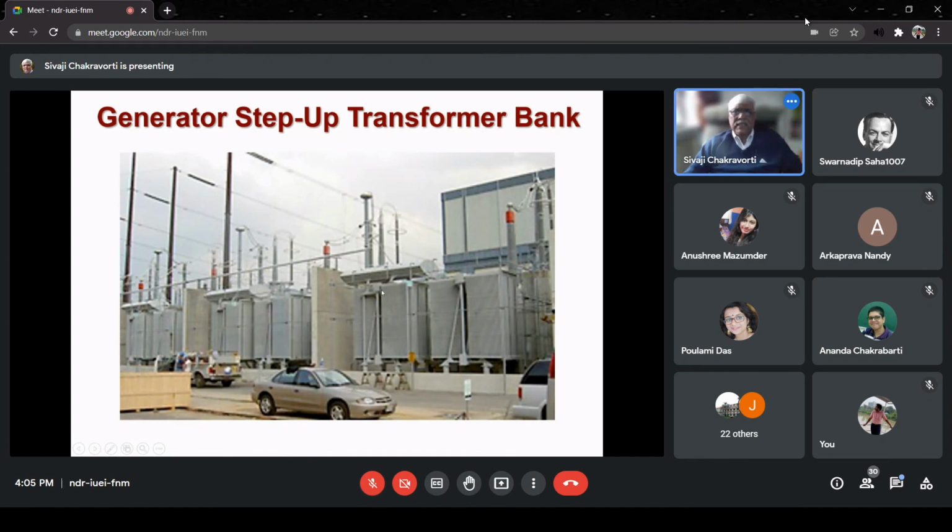So this is called a generator step-up transformer bank, which probably later on you will come to see. Now, how do we know it is a step-up transformer bank? Looking at an object, you must be able to identify. This is very simple. If it is a three-phase transformer, then on the top of the transformer tank, you will see 3 bushings.